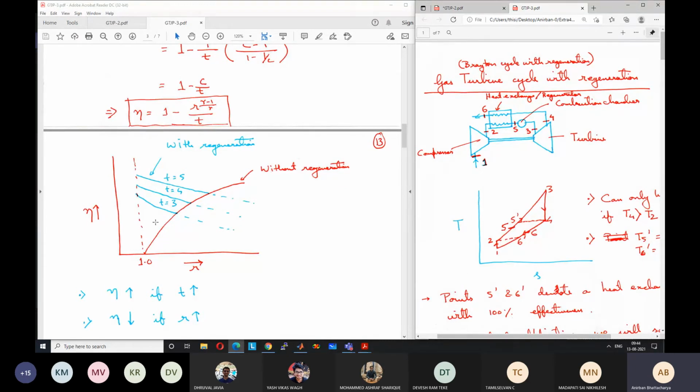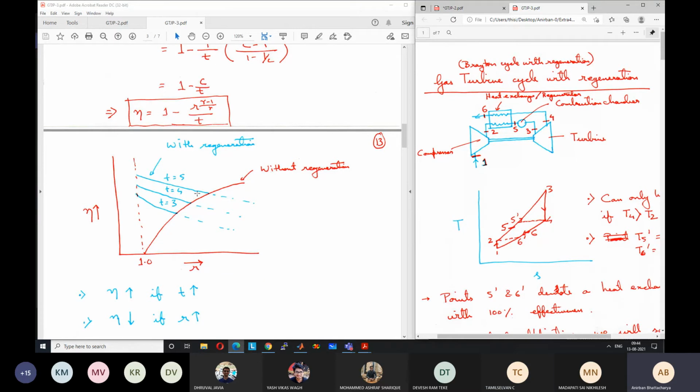So the limiting case, where the blue lines touch the red line, is at T2 equal to T4 for different values of temperature ratio. What else happens at T2 equal to T4? The work done will be maximum. So at this point, the work done is also maximum.